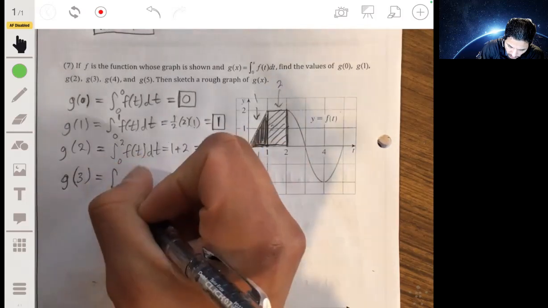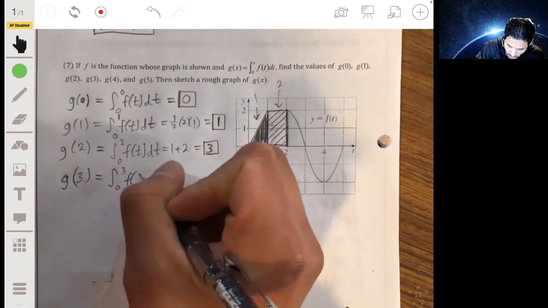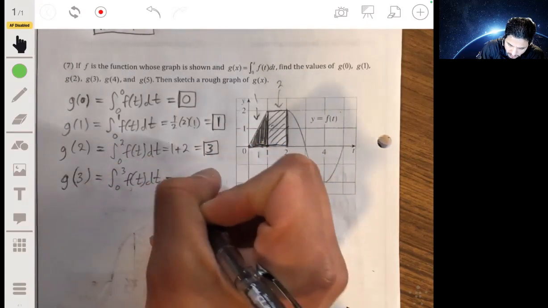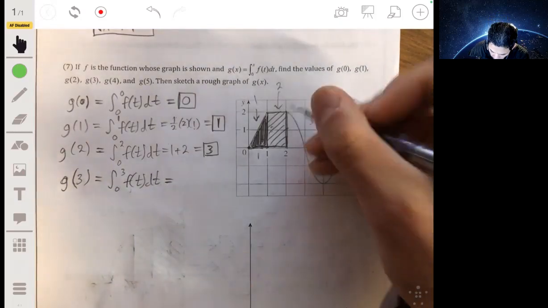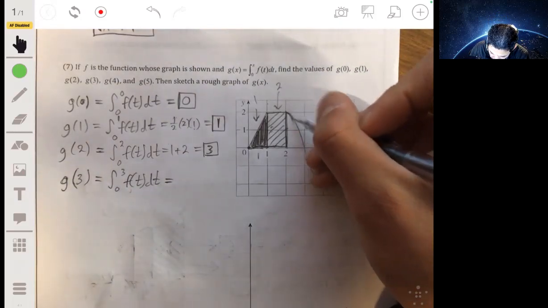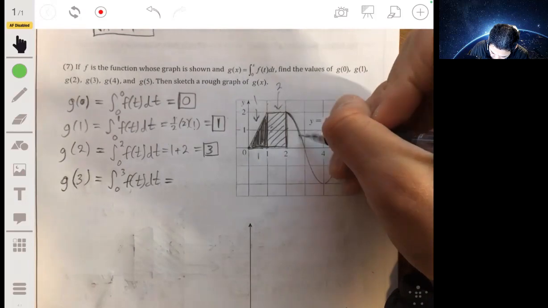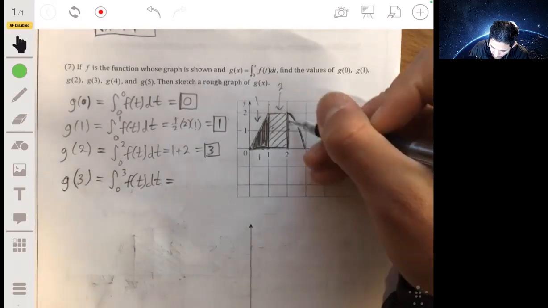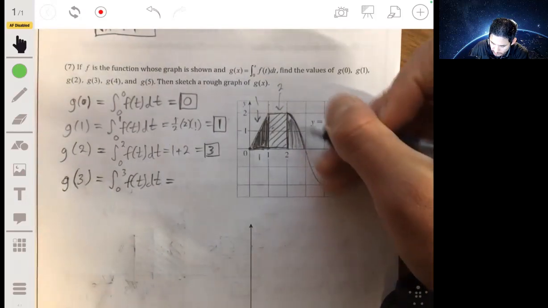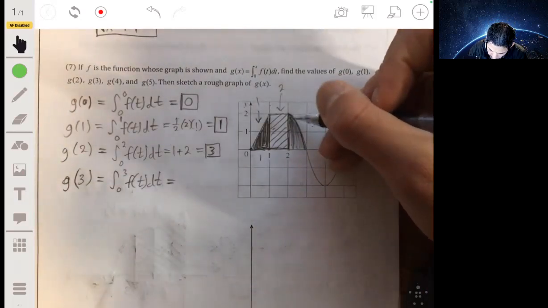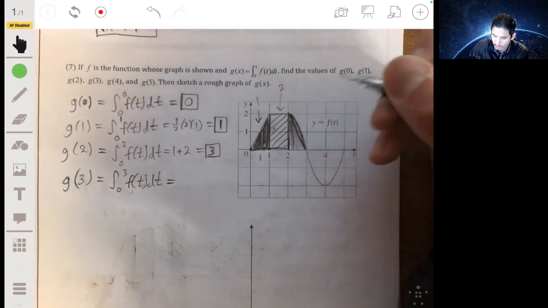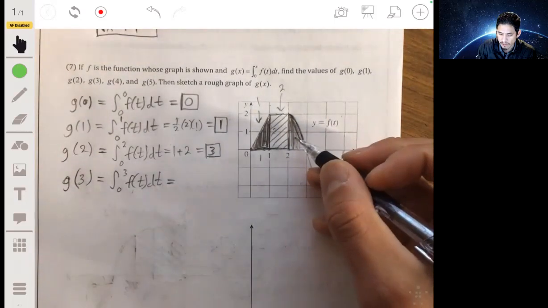g of 3 will be the integral from 0 to 3 of f of t dt. I'm going to guess this is supposed to be the trig function, because we're not given the exact value of this. So we'll take a rough approximation. We'll just say that this is essentially the area of this triangle, so this is going to also have an area of 1.